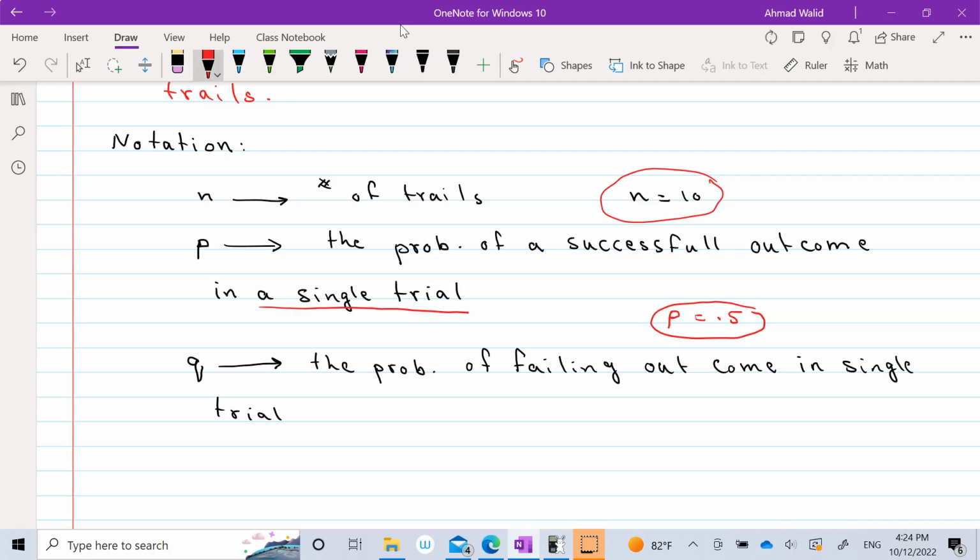Again, it's important. It shows in a single what? Try.